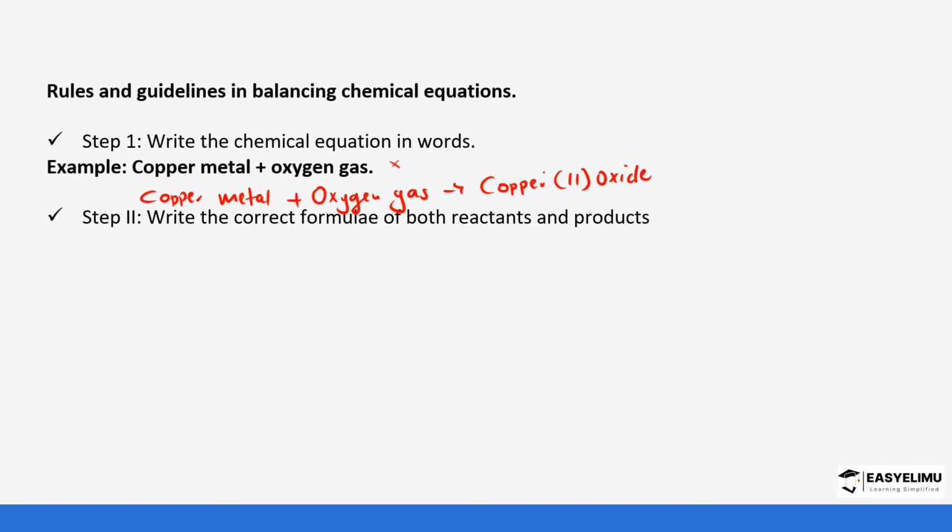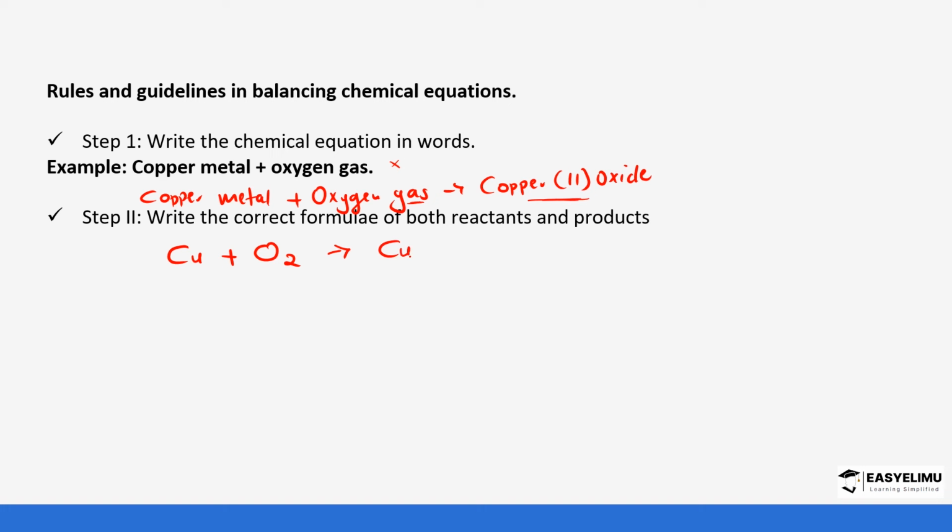Next, write the correct formula of both reactants and products. Let's do that. So the chemical formula for copper metal is Cu. The chemical formula for oxygen gas is O2. Remember, it's a gas. So it's not just O, it's O2 as well. And then the correct formula for the copper oxide, this one is what we just learned in the previous lesson.